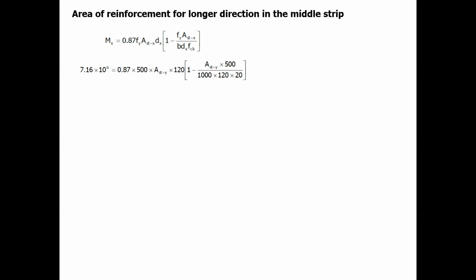Take down 7.16 and you have to substitute the values, and as you have seen it is changed. Okay, d is correct now. So d is, sir, 120. 7.12, sir. Okay, how much answer are you getting? Okay, 7.12.